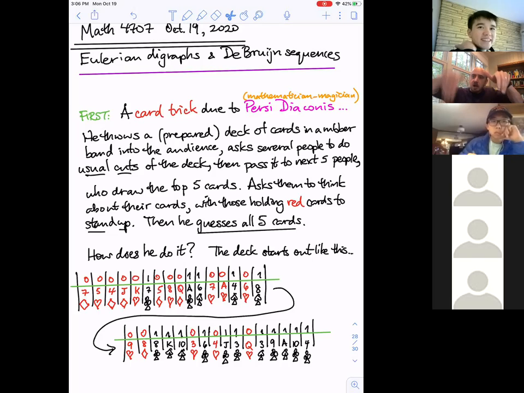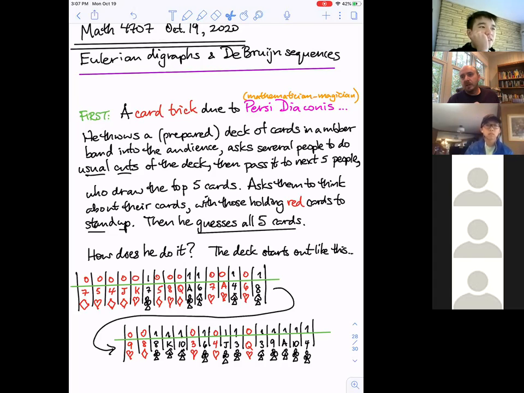He can cut the deck exactly in half, if it was 52 cards, 26 and 26, and then drop left, right, left, right, left, right, a perfect riffle shuffle like that. And he knows how many times you have to do a perfect riffle shuffle until you get back to the original ordering of the deck as if it was prepared. So this is already one amazing thing about him.